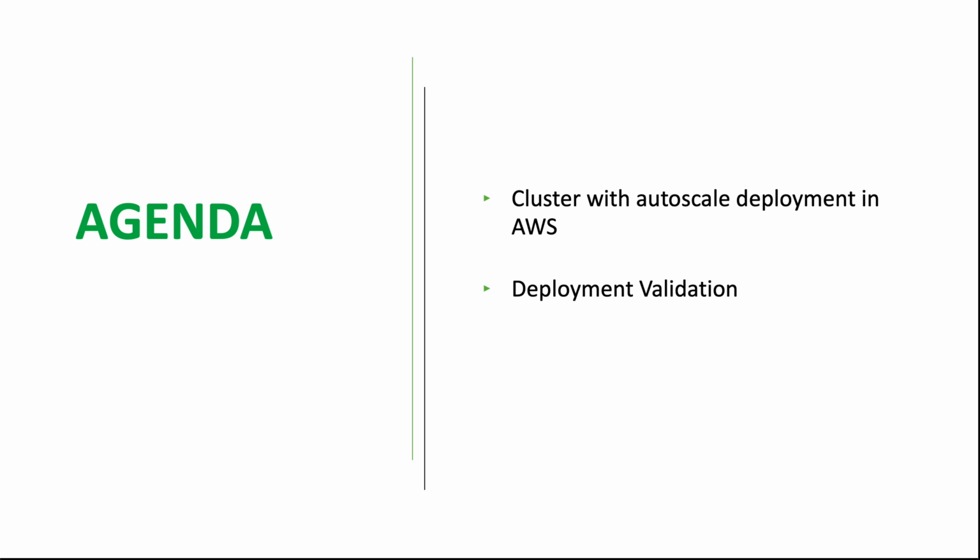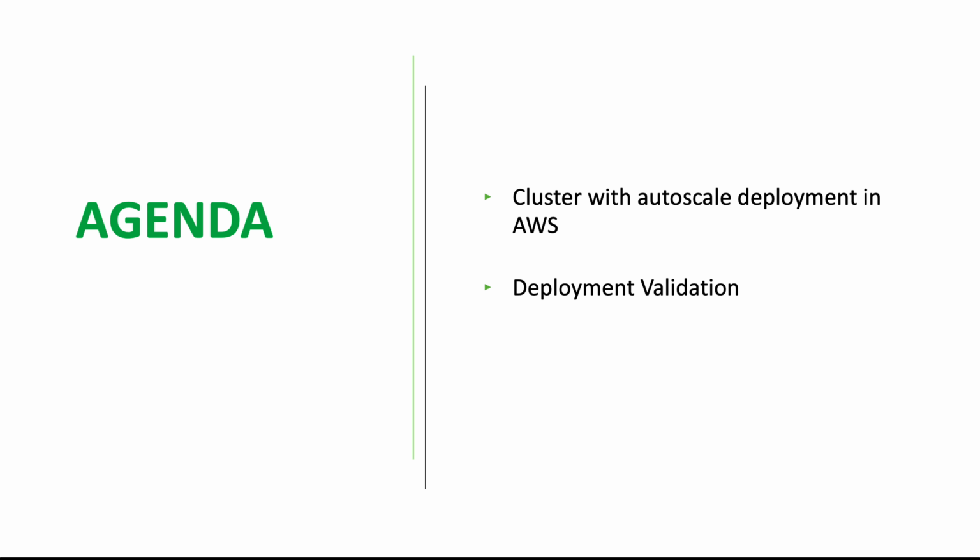So talking about this video, we'll see how to deploy Cisco Secure Firewall Threat Defense Virtual FTDv cluster with auto-scaling in AWS and also validate the deployment. This video is targeted mainly for cloud and network security engineers, firewall administrators, and anyone who is looking to deploy FTDv clusters in AWS with auto-scaling.